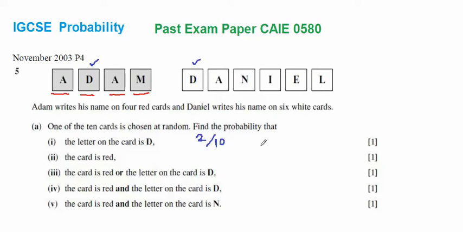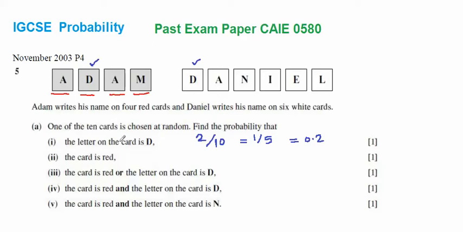So 2 over 10 is the answer. In simplified form, we can write it as 1 over 5, or as 0.2.